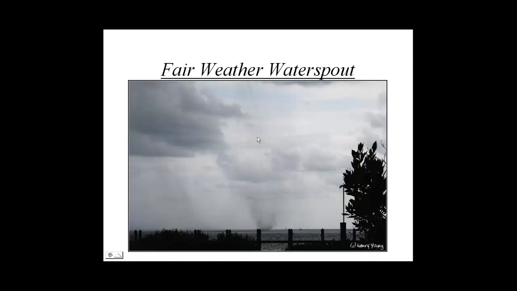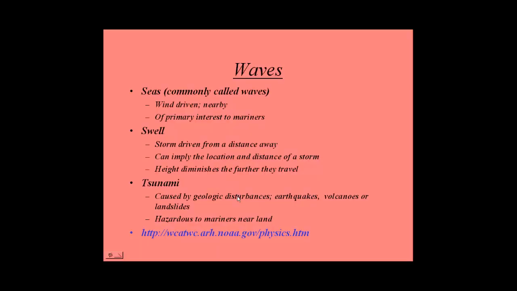Here's a fair weather waterspout, and it develops from the surface up, and it can also be destructive. So don't minimize the potential danger of fair weather waterspouts. And what I'd like to shift to now are waves, because the thing that really gives us significant concern at sea are the waves produced by the wind.